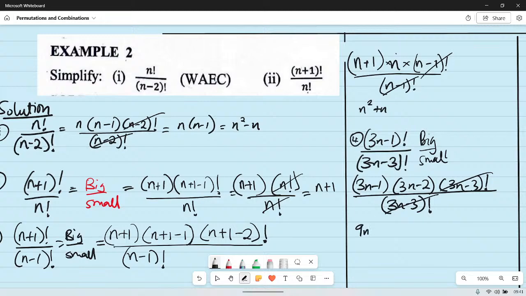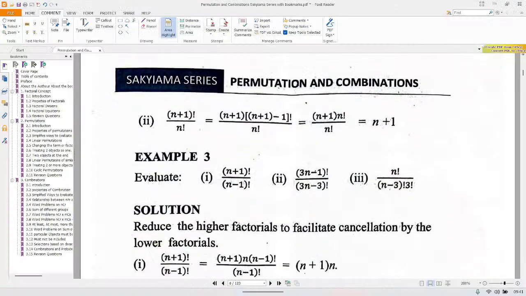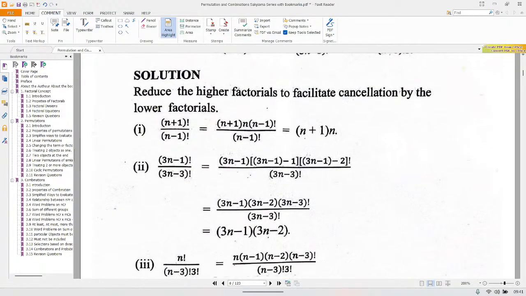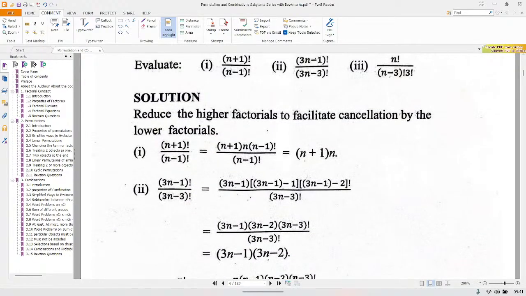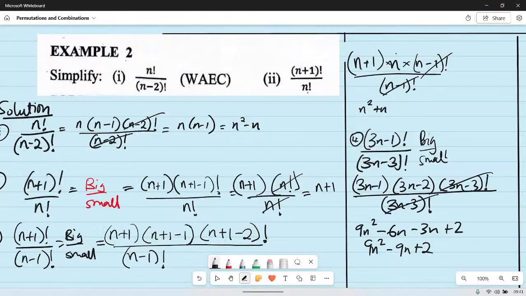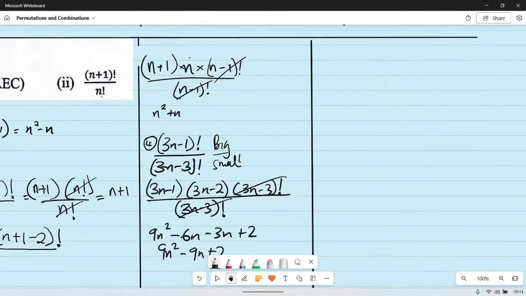So 9n squared minus 6n minus 3n plus 2, which is 9n squared minus 9n plus 2. Are you okay? They even ended at 3n minus 1. Right?